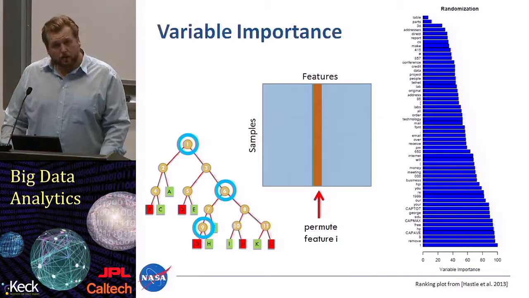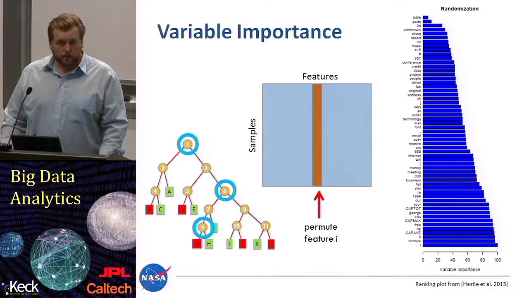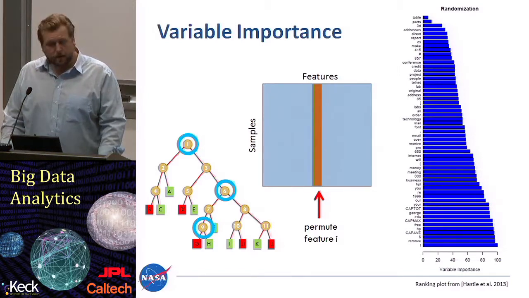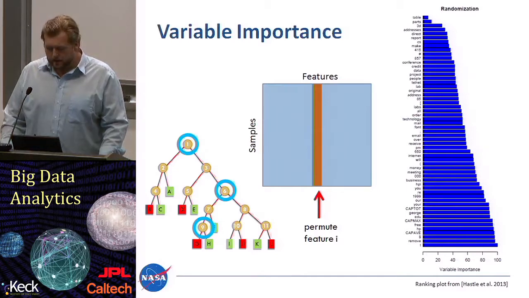And naturally the outcome would be much worse, or at least worse to some degree, based on the importance of that feature. On the right side, you now have a measure for this variable importance. So here it's a ranking of features for spam detection from one of the standard spam databases.